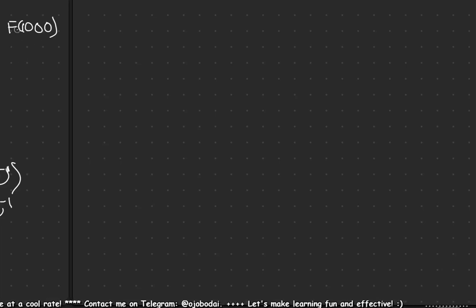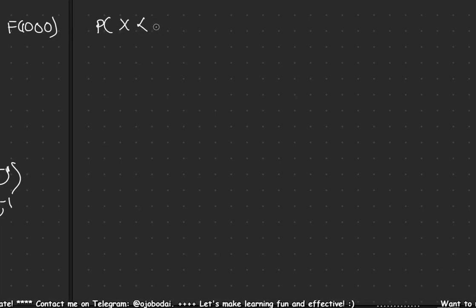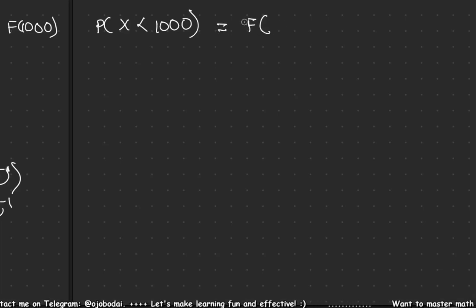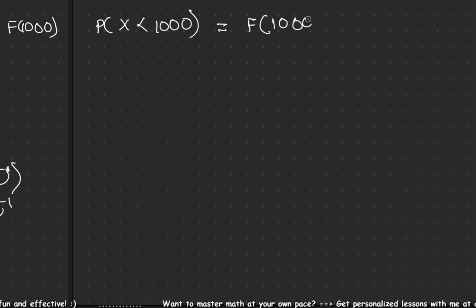So for it to fail before 1,000, then we are looking for the probability that our random variable x is less than what? 1,000. You see, which is equal to our cumulative distribution function at f of 1,000.